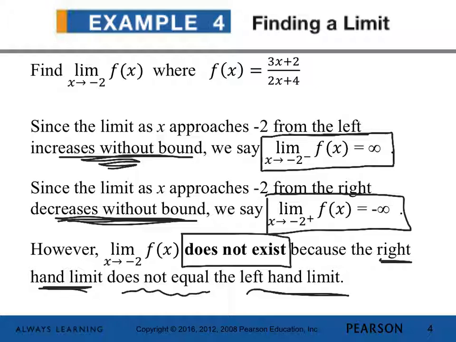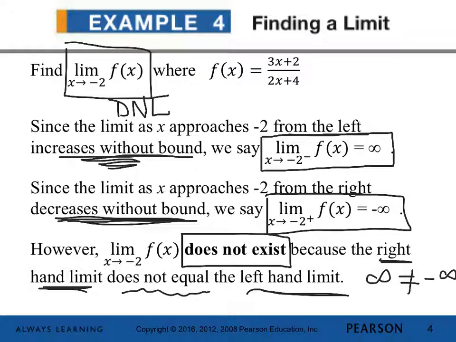And certainly infinity is not equal to negative infinity. So the limit doesn't exist. So in answering this question, the shorthand way that we'll often do that is we'll say it does not exist, or just simply D-N-E for does not exist.